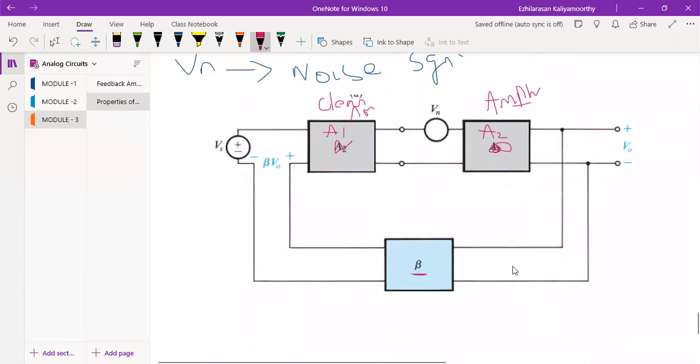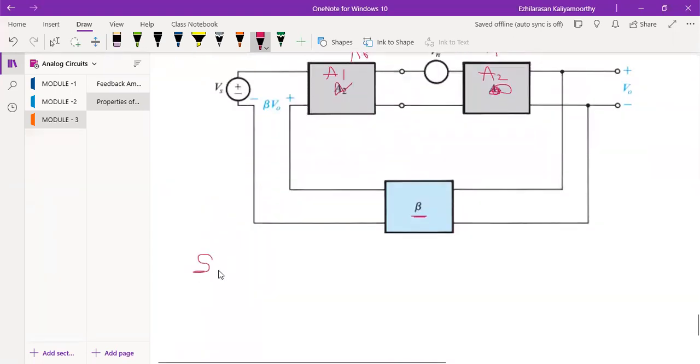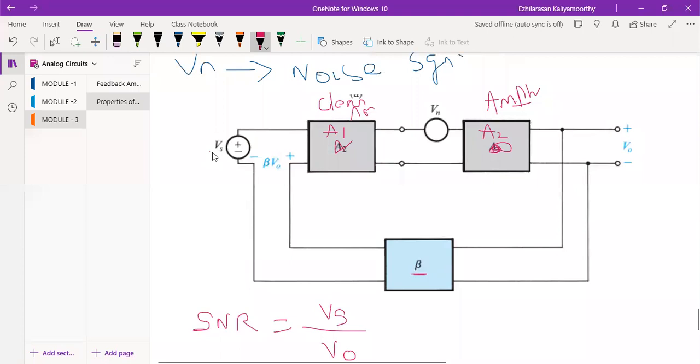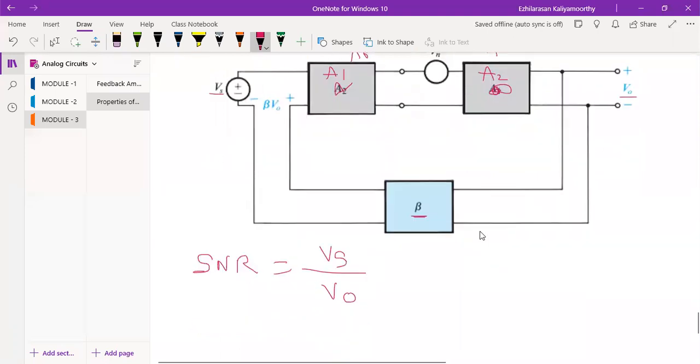So the signal to noise ratio of this amplifier, that is SNR, is equal to Vs, the input signal, divided by the output signal. We have to calculate the signal to noise ratio. That is Vs by V naught.